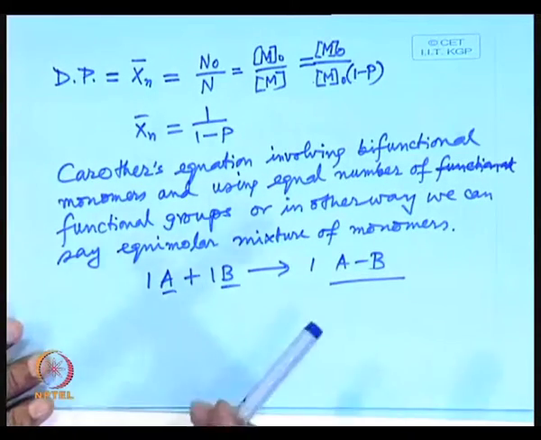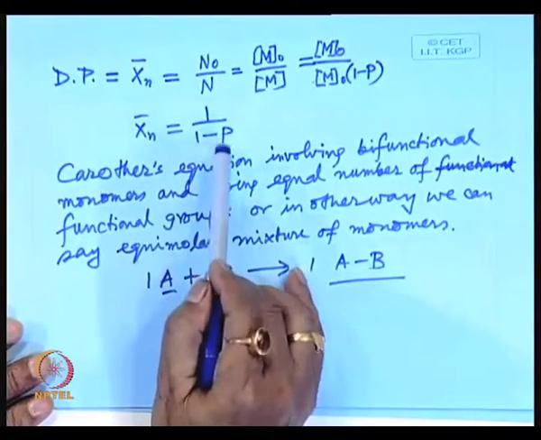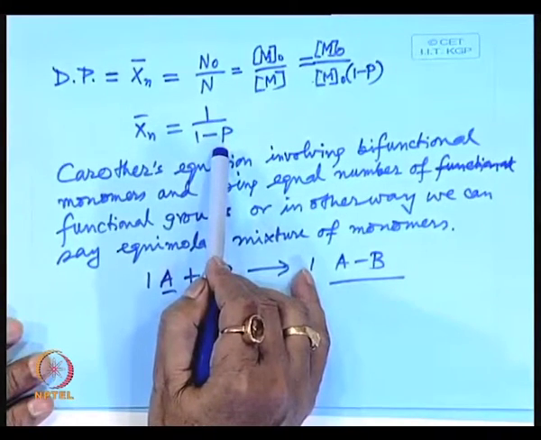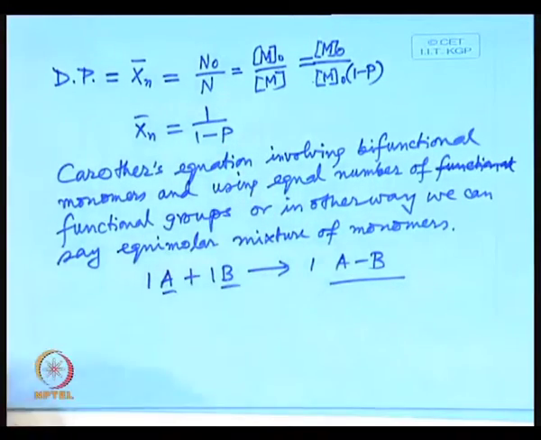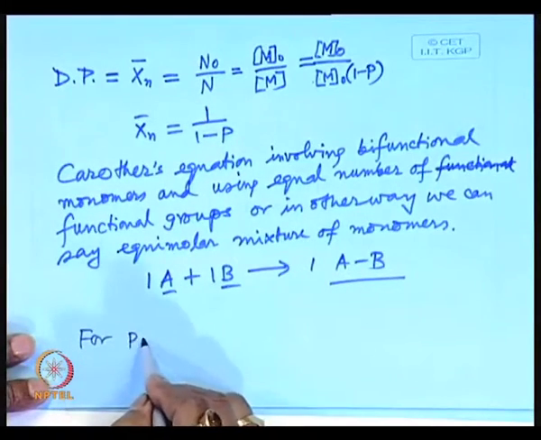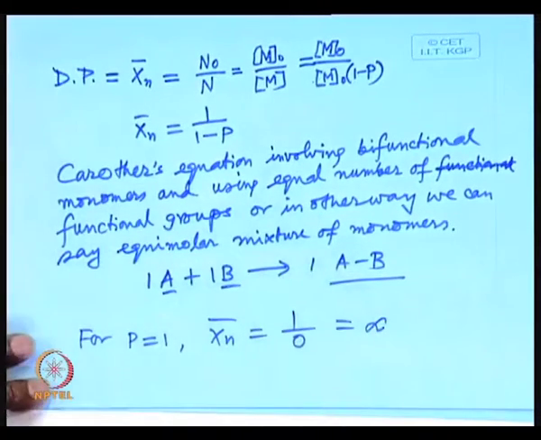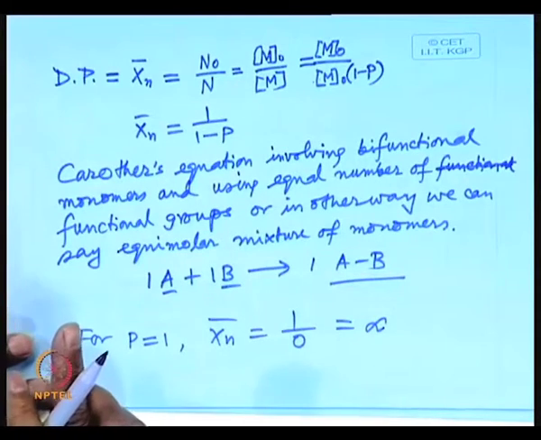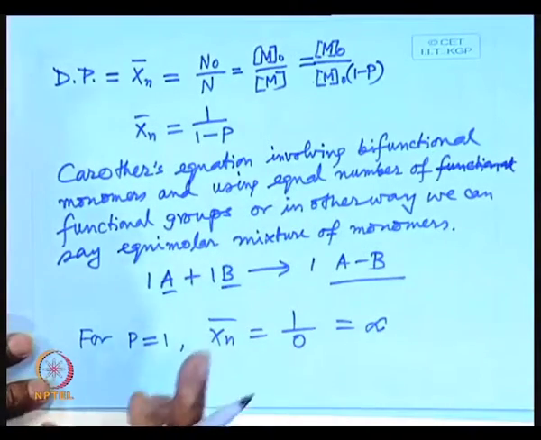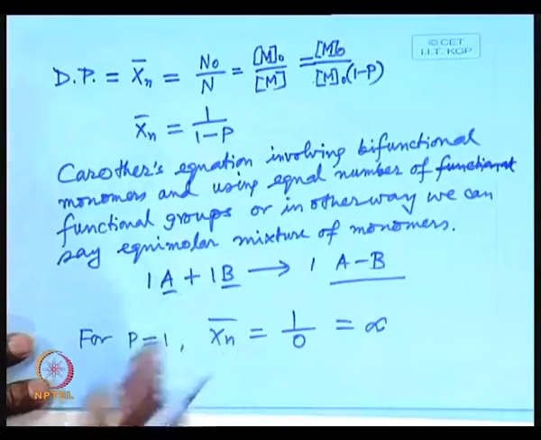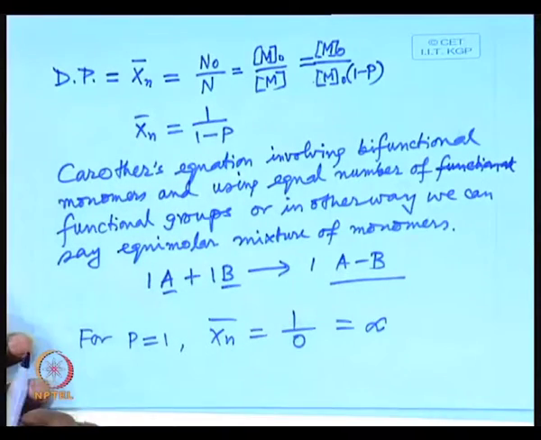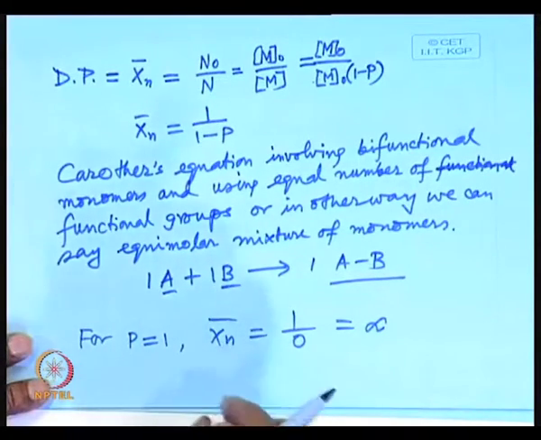Now, let us examine one thing. Here 1 by 1 minus p, if p is equal to 1, 100% reaction means p is equal to 1, then theoretically if you take 100% pure monomers with strict control of molar ratio stoichiometry, it should lead to a molecular size of infinite molecular weight.